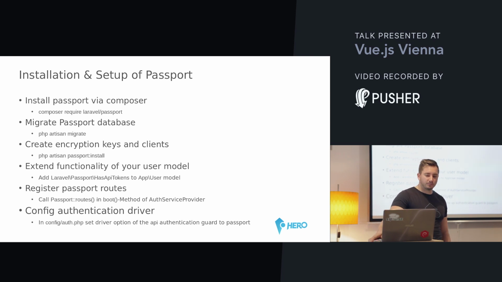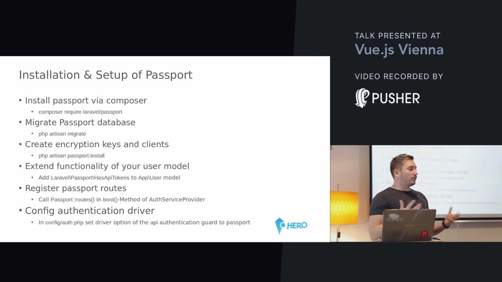As simple as that. Afterwards, Laravel Passport needs some data infrastructure, so it needs tables in your database, and you simply need to execute php artisan migrate, and then all the tables you need are in your database. So easy setup for this as well.